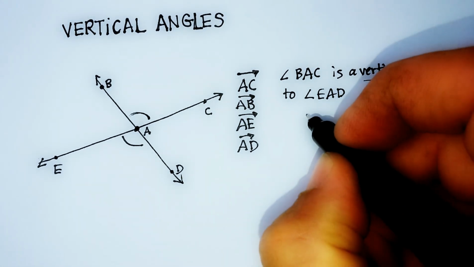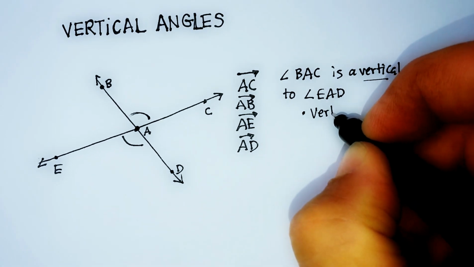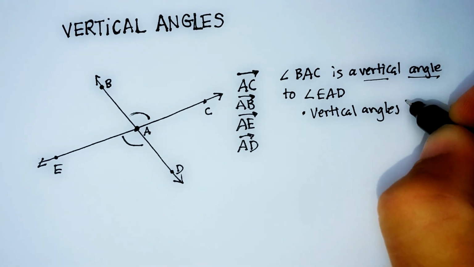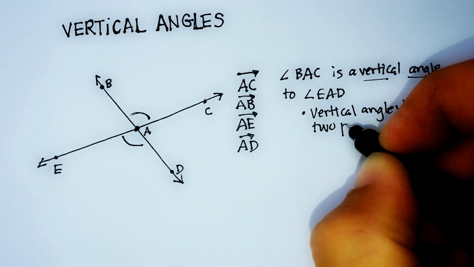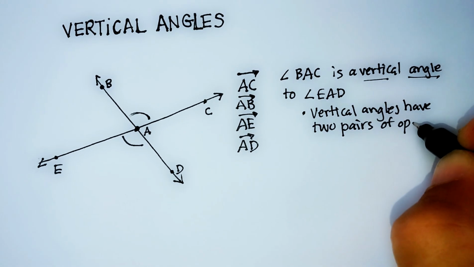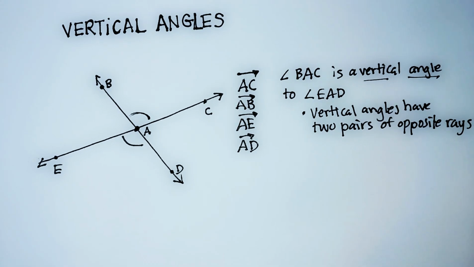Now, so what are the characteristics? Let me just put that down. So vertical angles have two pairs of opposite rays. That's a precise definition.